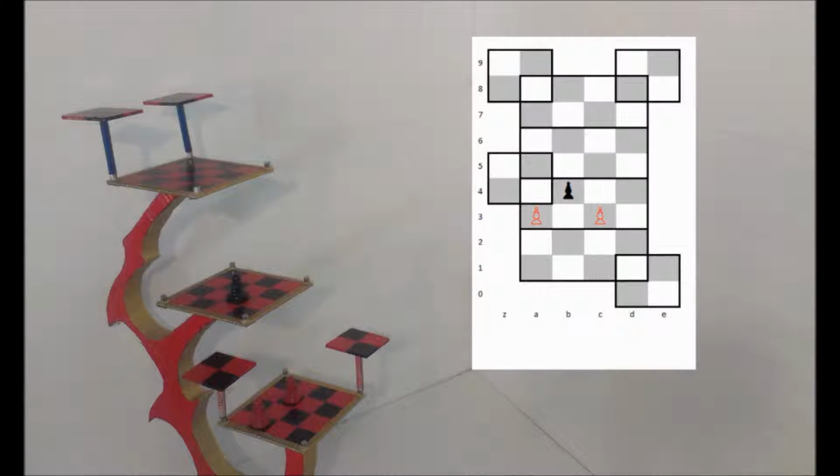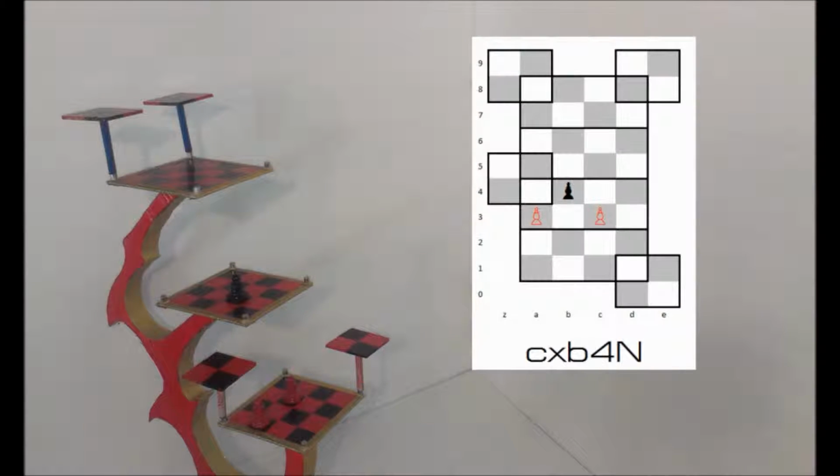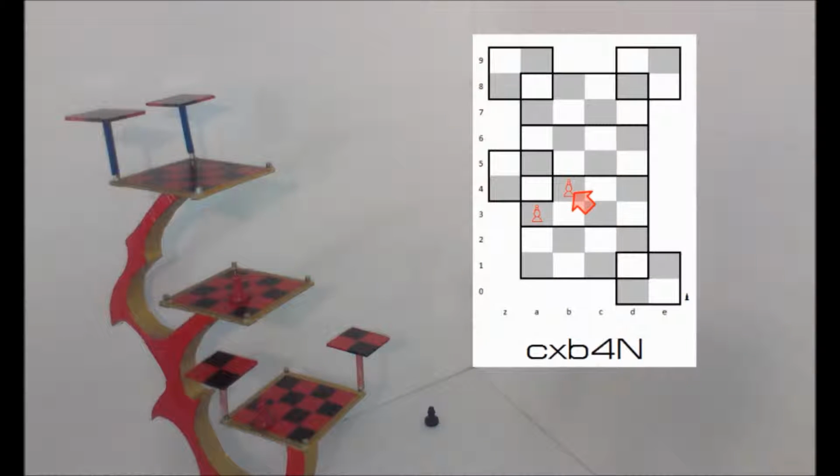Example, if there are white pawns on squares A3 white and C3 white, and a black pawn or piece on the square B4 neutral, the notation for white's move is either A takes B4 neutral, or C takes B4 neutral, as the case may be.